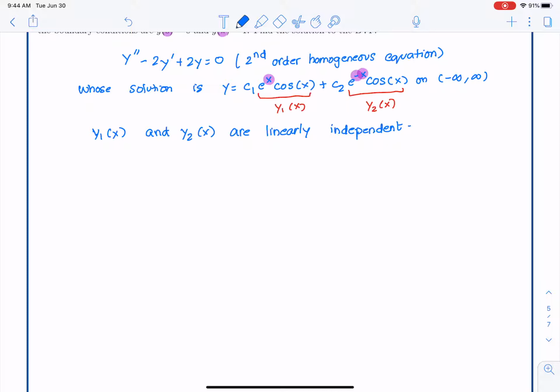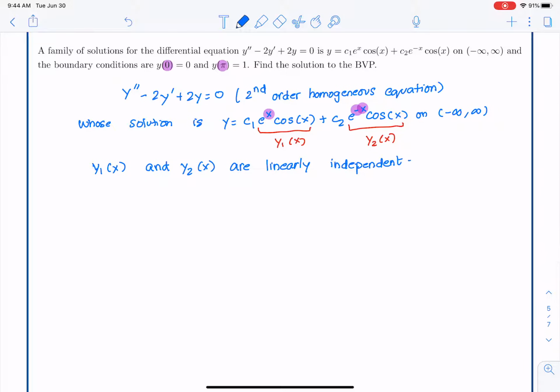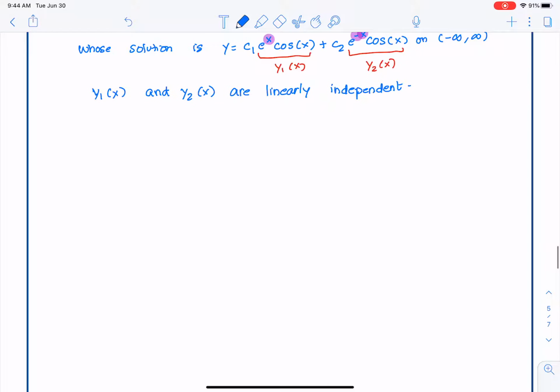Wonderful. So now we have the boundary conditions. Y of 0 is 0 and y of pi is 1. So we don't have to find derivatives in this case. So y of 0 is 0, which would mean we are going to plug in x to be 0.